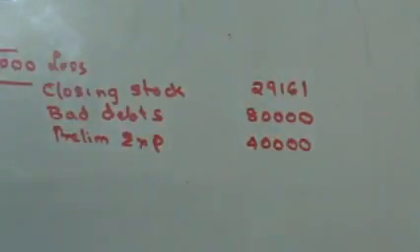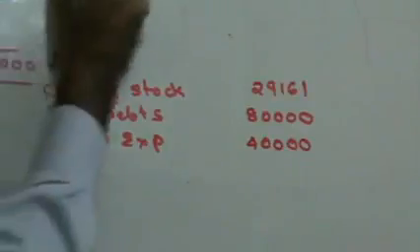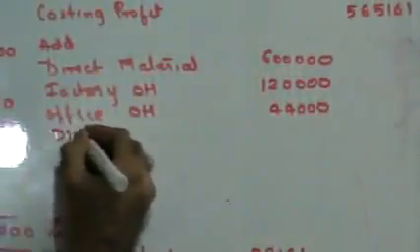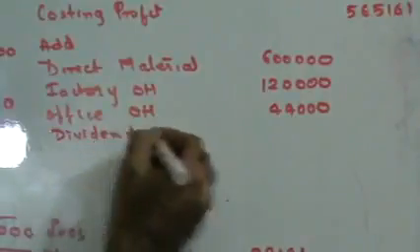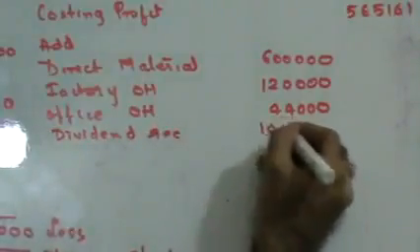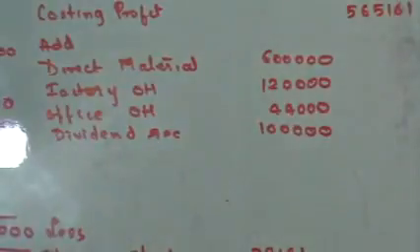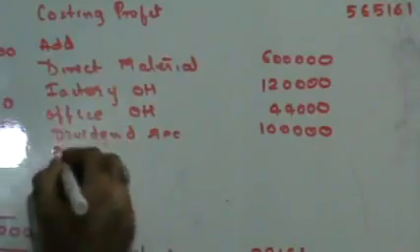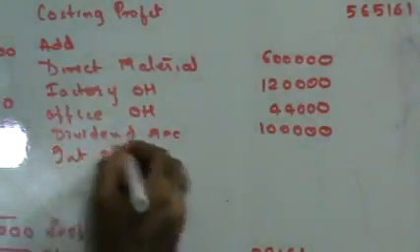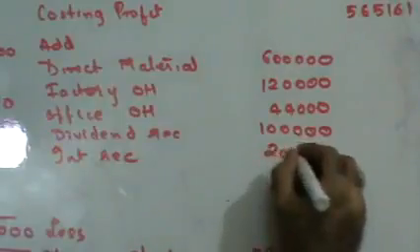Then dividend is less, but it is a credit side entry, therefore it will go in add column. Dividend received 1 lakh. Similarly, interest received is less, but it is a credit side entry, therefore it will go in add column. Interest received 20,000.